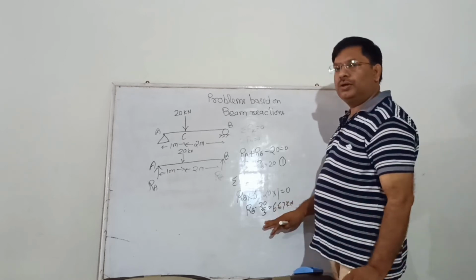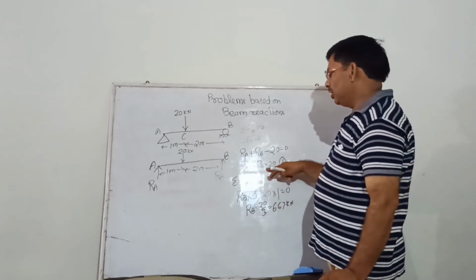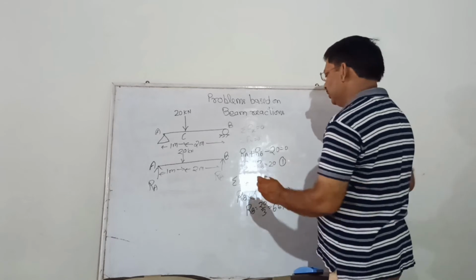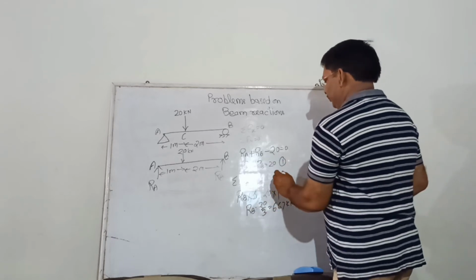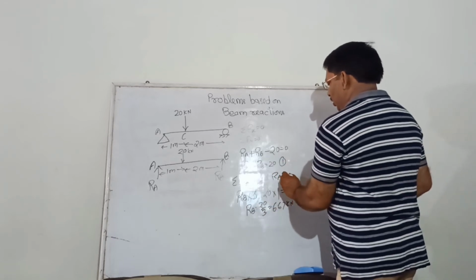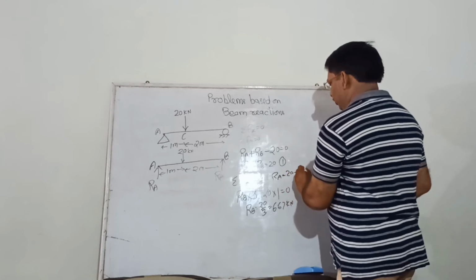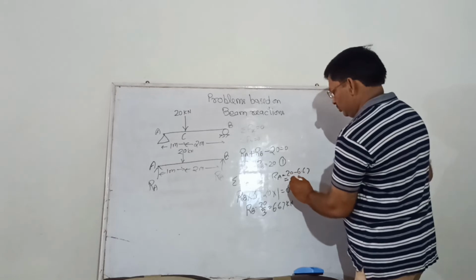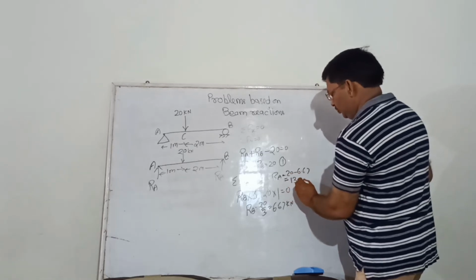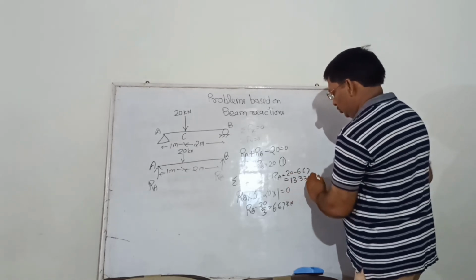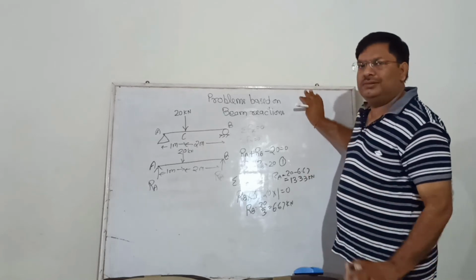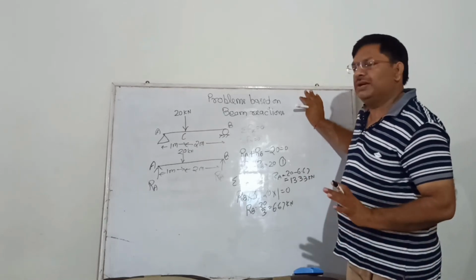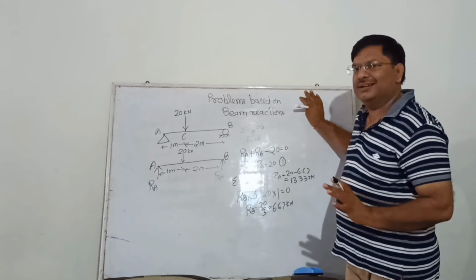Now once you have calculated the value of RB, you can put this RB in the first equation and you will get the value of RA. So RA will be equal to 20 minus 6.67, that is 13.33 kilonewton.